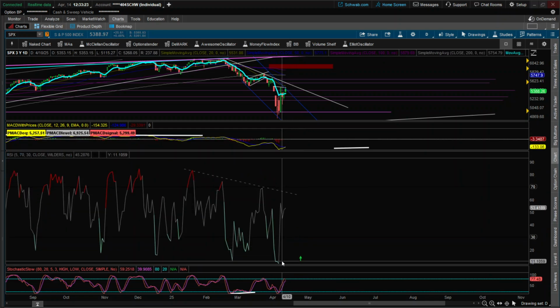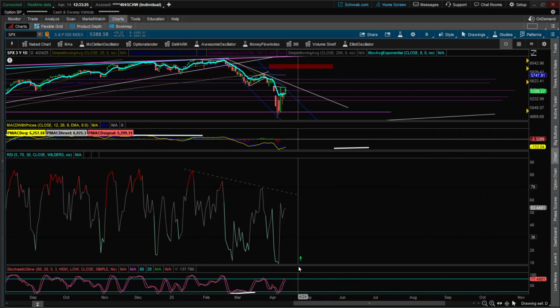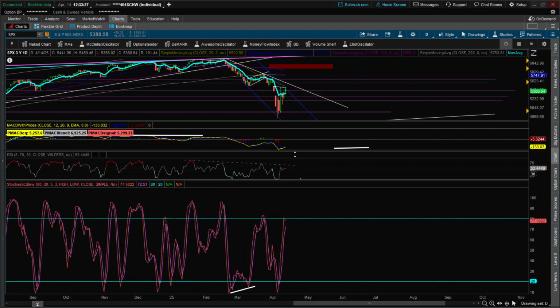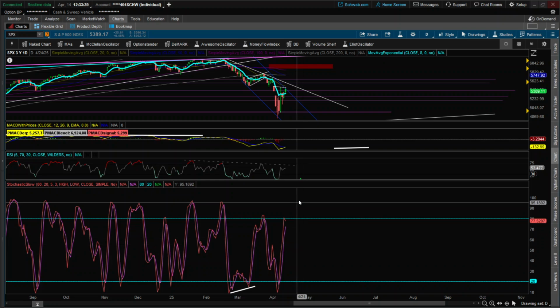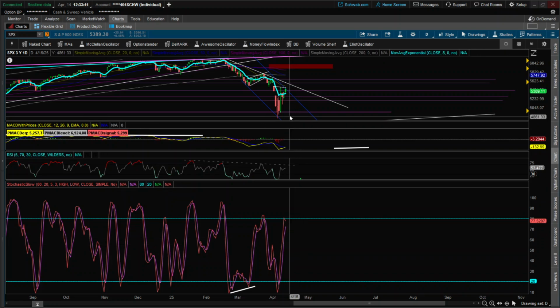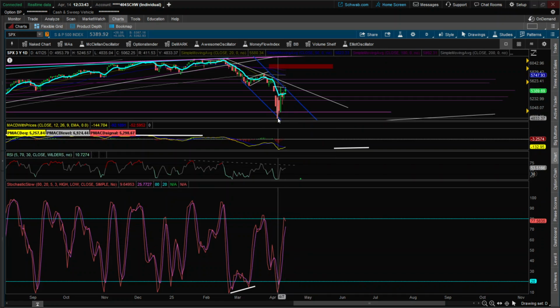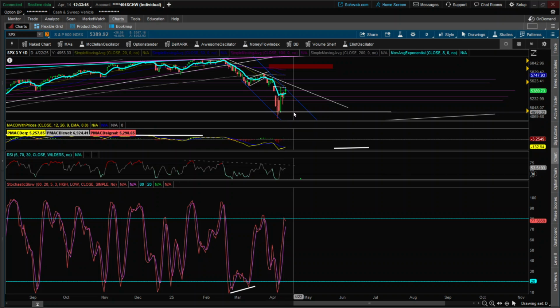Same thing with the RSI. We didn't get anything. We have no real confirmation that we're even making a low yet. And the only way to confirm, in my opinion, is to get some of those positive divergences with a brand new low and then break back above the lows and some of the resistances.